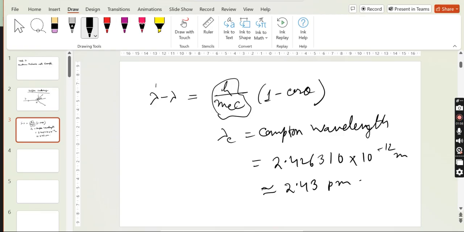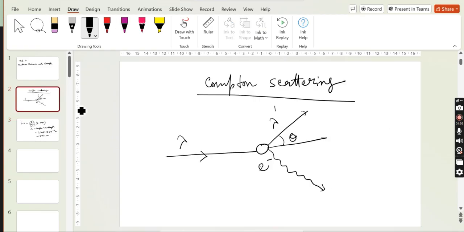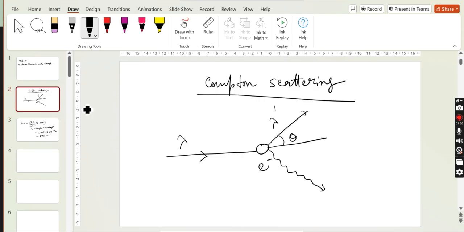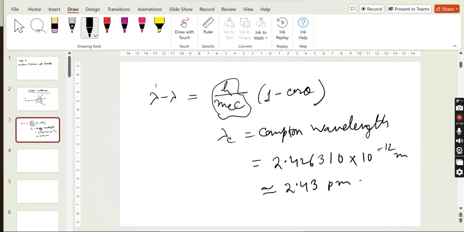And this theta is the angle between the direction of the incident photon and the scattered photon. Always remember that this is the theta, not that other angle, which we can call phi. If you remember this equation, that is enough for a Compton problem to be solved.